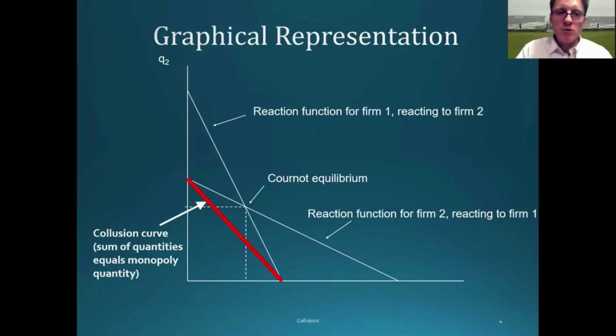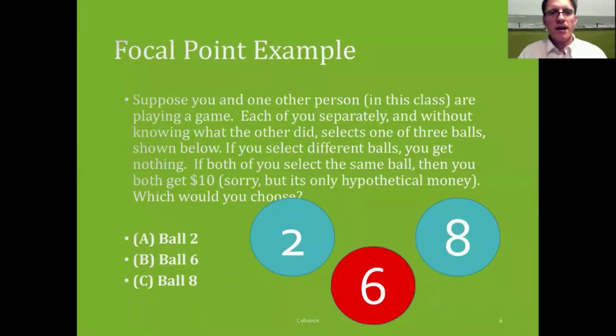So think about this question for a second. Suppose you and one other person in this class are playing a game. Each of you separately, without knowing what the other did, selects one of the 3 balls depicted in this picture. If you select different balls, then both of you get nothing. But if you both select the same one, then both of you get $10.